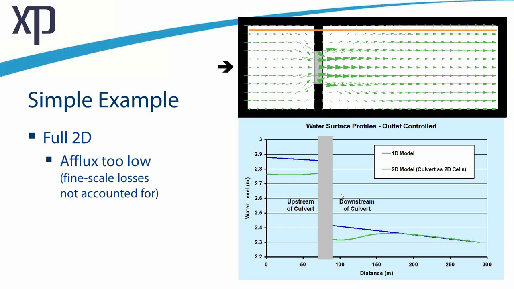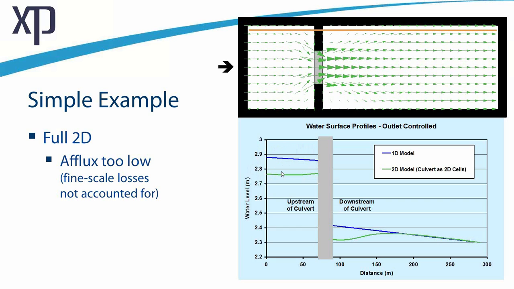But the upstream water level is effectively too low. And so the 2D scheme is doing a reasonable job of modeling the energy losses through there without specifying any entrance or exit losses, but it's still not sufficient. And that would be, once again, due to very fine scale losses, particularly in this case due to the vena contracta, which that resolution cannot model.